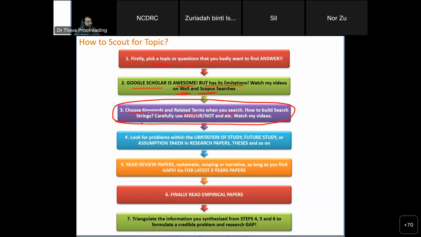Okay. Then number 4, look for problems within the limitation of study, future study, or assumptions taken in research papers, theses, and so on. This is the easiest way for you to find new studies, new research gaps, and so on. Therefore, supervisors, put a lot of effort in discussing with your students when they are writing their limitation of study, future study, and so on.